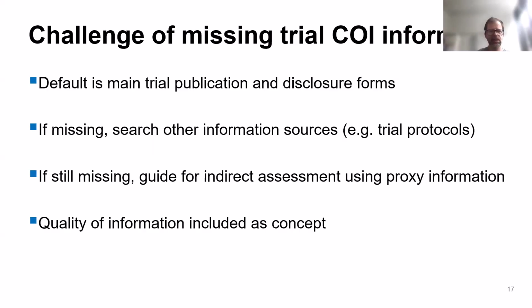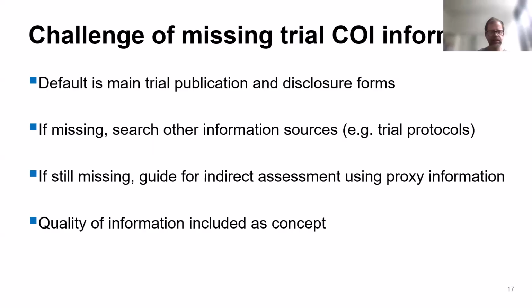In some cases, not all information necessary for the TACIT assessment is contained in these sources, so you need to go to other sources such as trial protocols, for instance, to know what the involvement of the funder was in a particular trial.